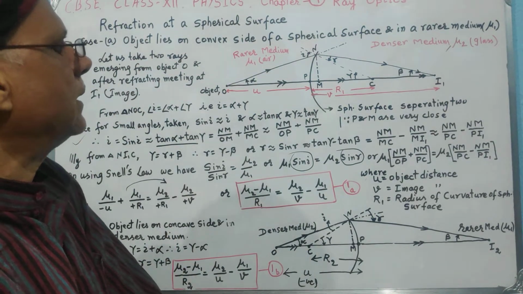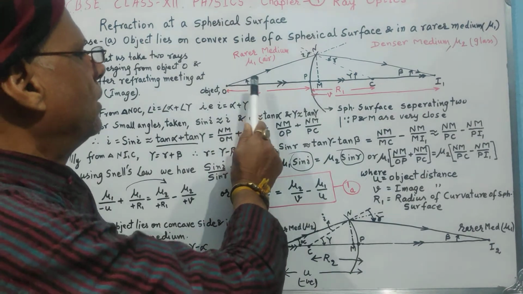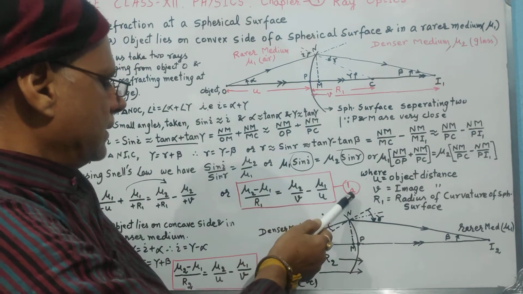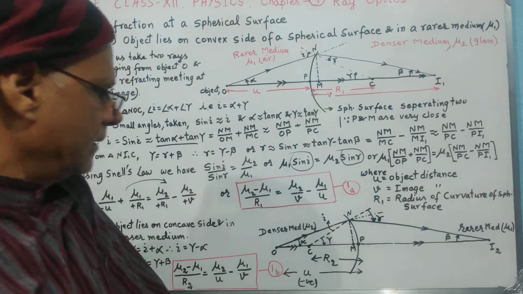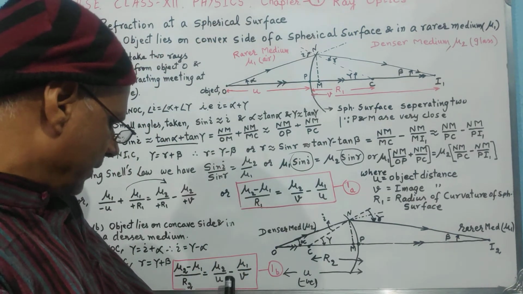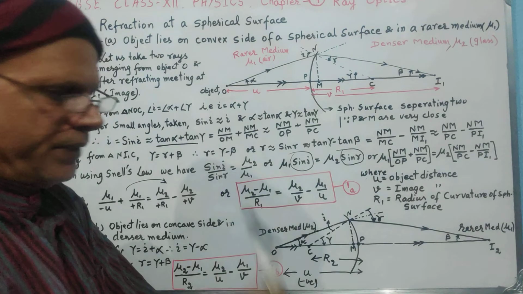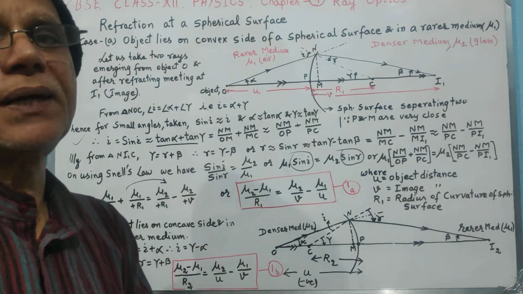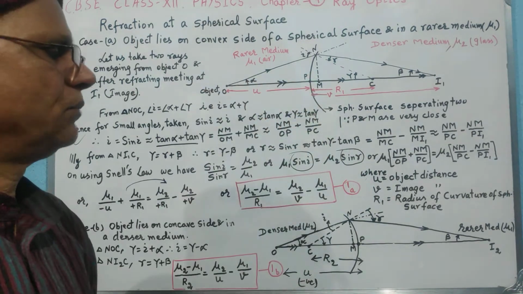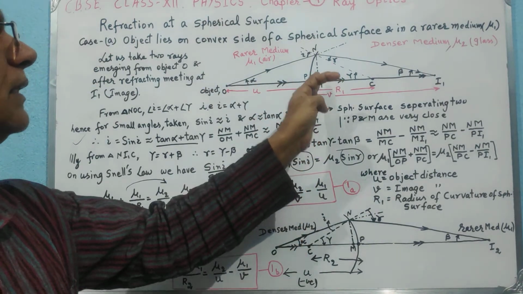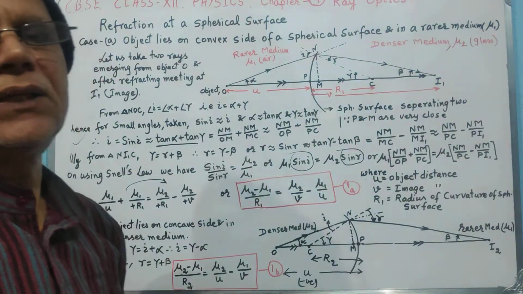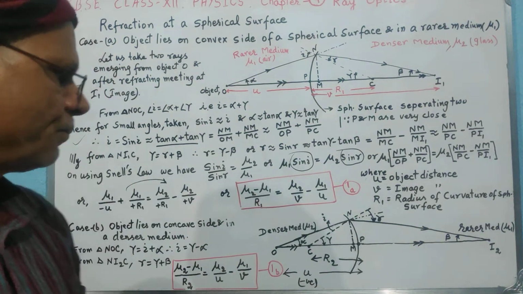So we can conclude that while the object lies in the rarer medium, the formula is always given by 1a, and while the object lies in the denser medium, the formula is always given by equation 1b, irrespective of whether the spherical surface is convex or concave on the object side, or the image is real or virtual.